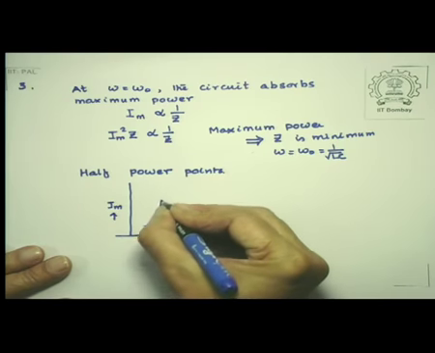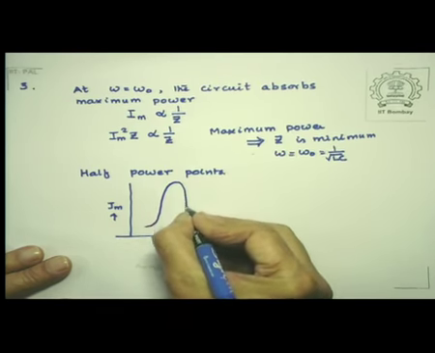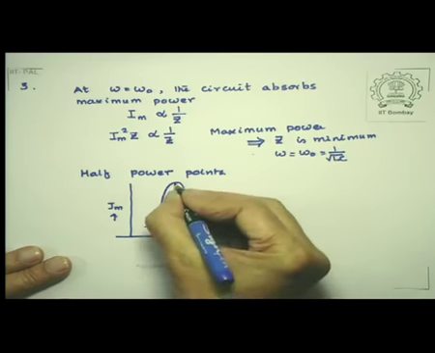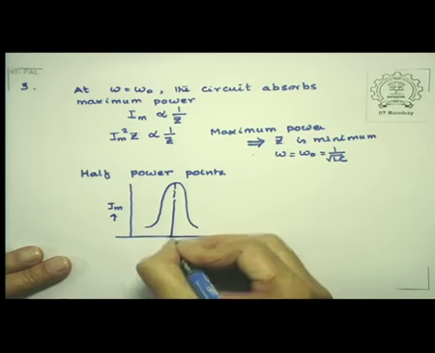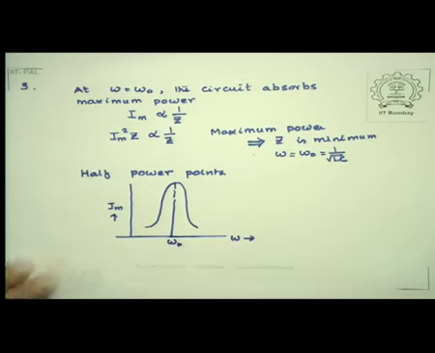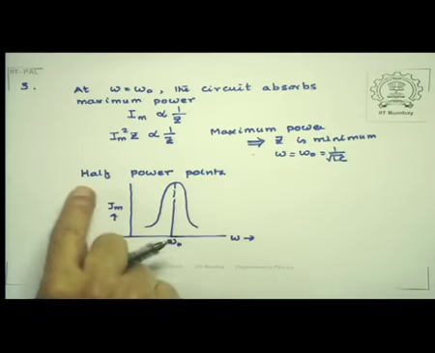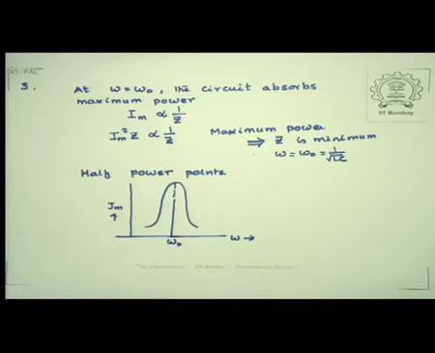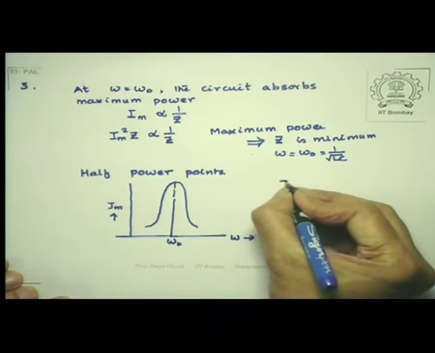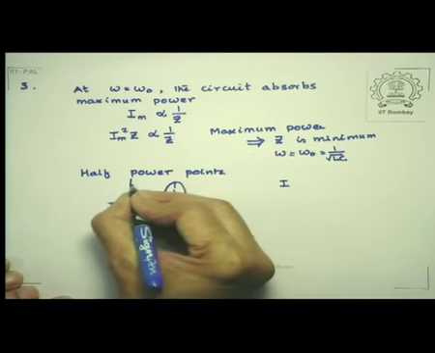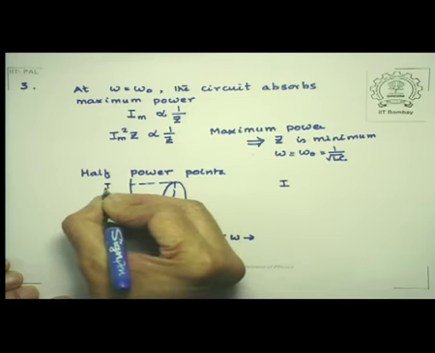So this is basically the type of curve that you get, with the peak being at omega 0. Now the power absorbed is half of possible maximum when the pair of values on either side of omega 0 happens to be, so this value of the current is Im max.